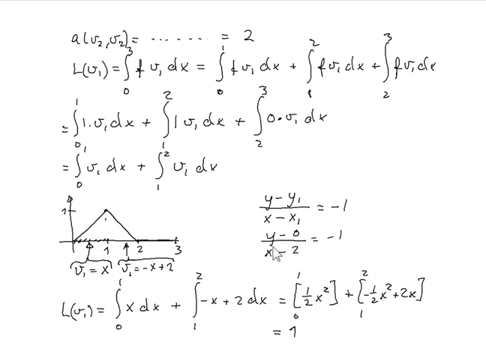So just put this into here. We know that the slope is minus 1, so multiplying this now with x minus 2, we obtain this rather easily.